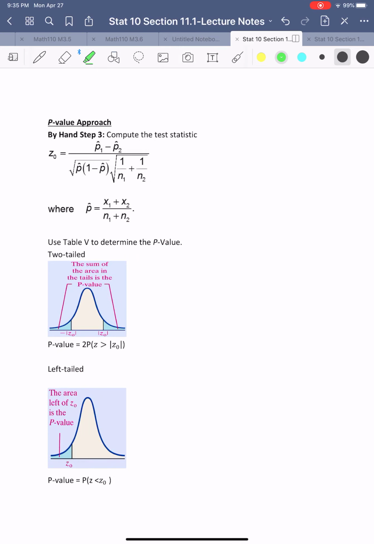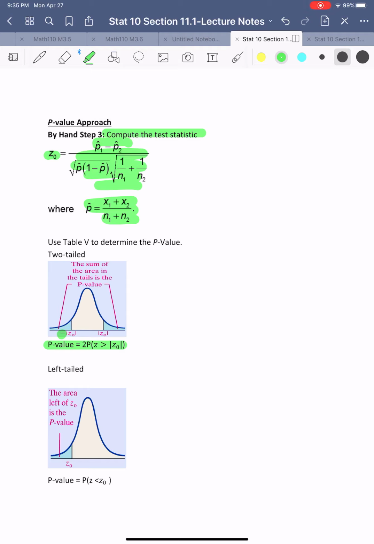For the p-value, you compute the test statistic z sub 0, same thing, and then we use that. For the two-tail, the p-value is equal to 2 times the probability of z greater than or equal to the absolute value of z sub 0.